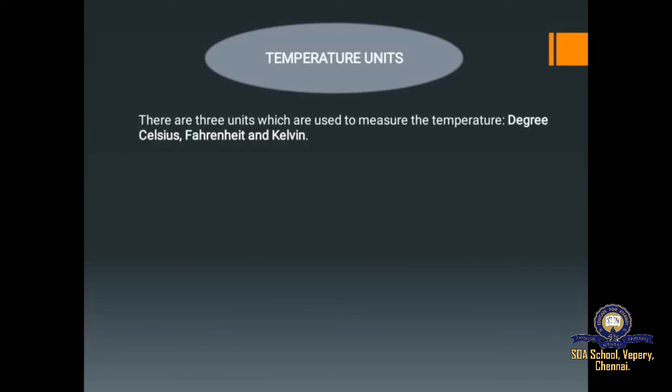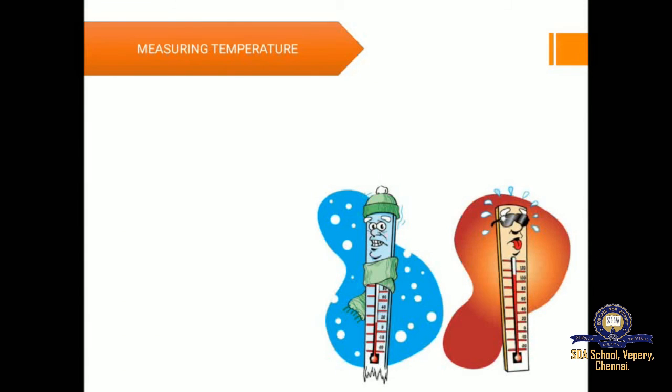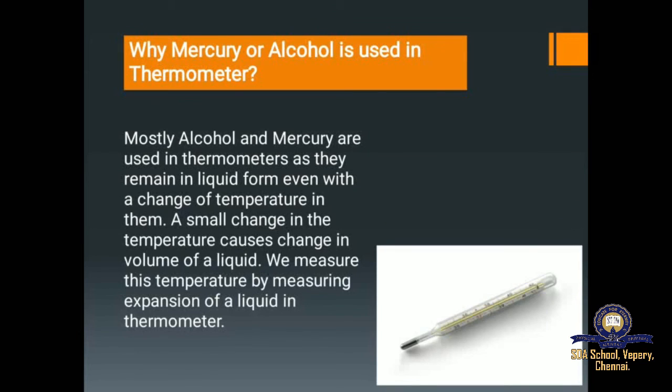And temperature units are degrees Celsius, Fahrenheit and Kelvin. For measuring temperature, we use an instrument called thermometer. And in thermometer, alcohol and mercury are used because they remain in liquid form even with a change of temperature in them.